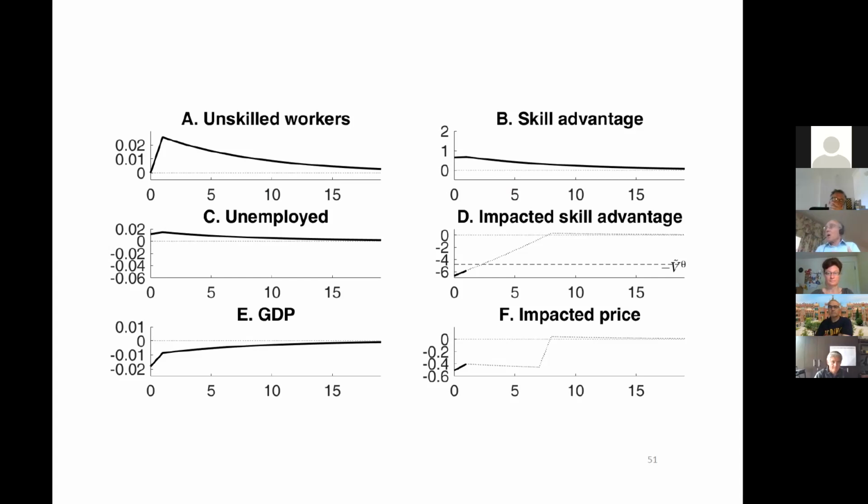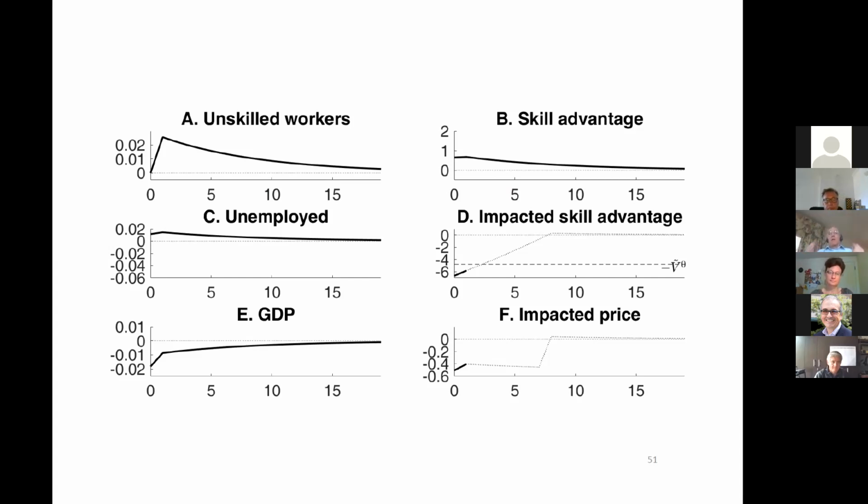And so in this case, there's a surge in the unskilled beginning in period T naught plus 1, because all these guys quit producing the good they had done before. That's going to gradually return to normal over time.